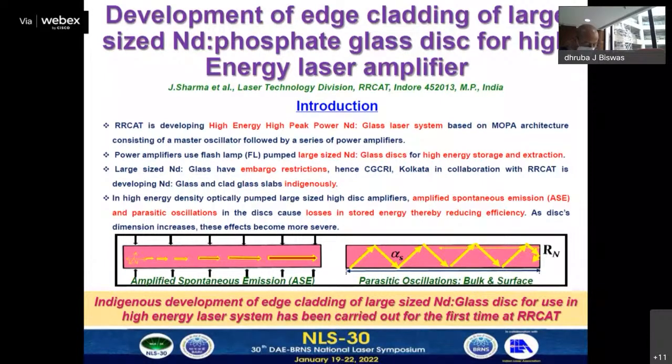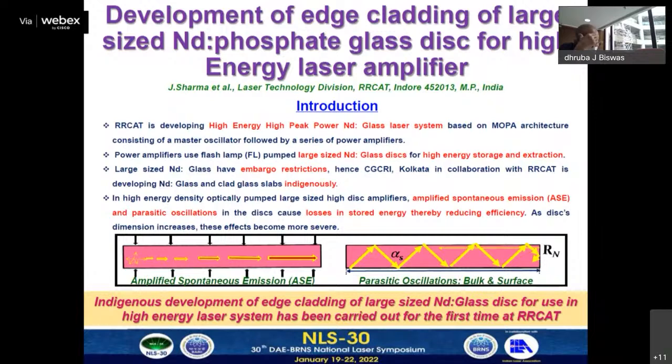Once these large size ND glass discs are installed in the laser amplifier, they exhibit certain losses like amplified spontaneous emission and parasitic oscillations, which eat up the gain in the medium and thereby reduce the extraction efficiency. Also, this loss becomes severe once the dimension of the disc increases. So, to rectify this issue, we can edge clad the ND glass disc on its four edges with the copper-doped clad glass.